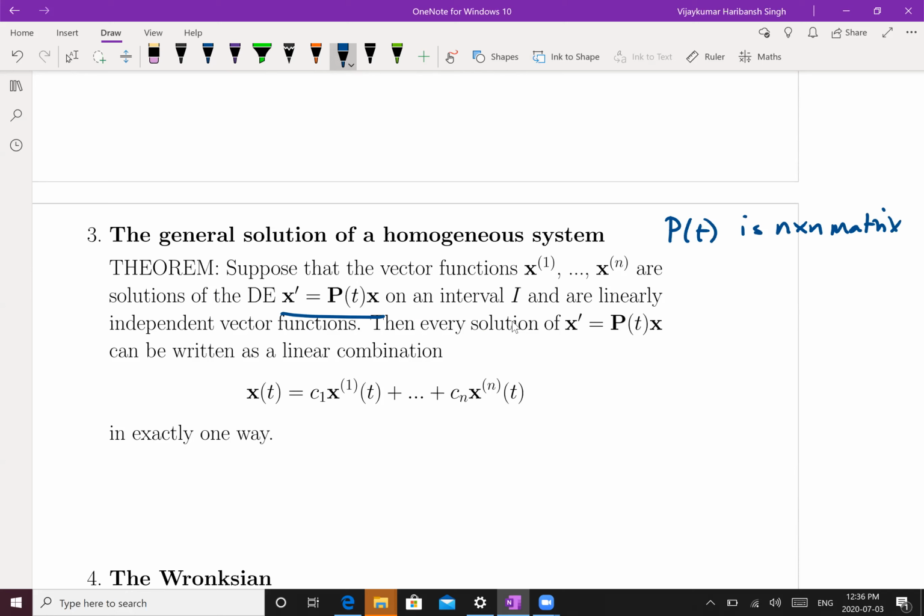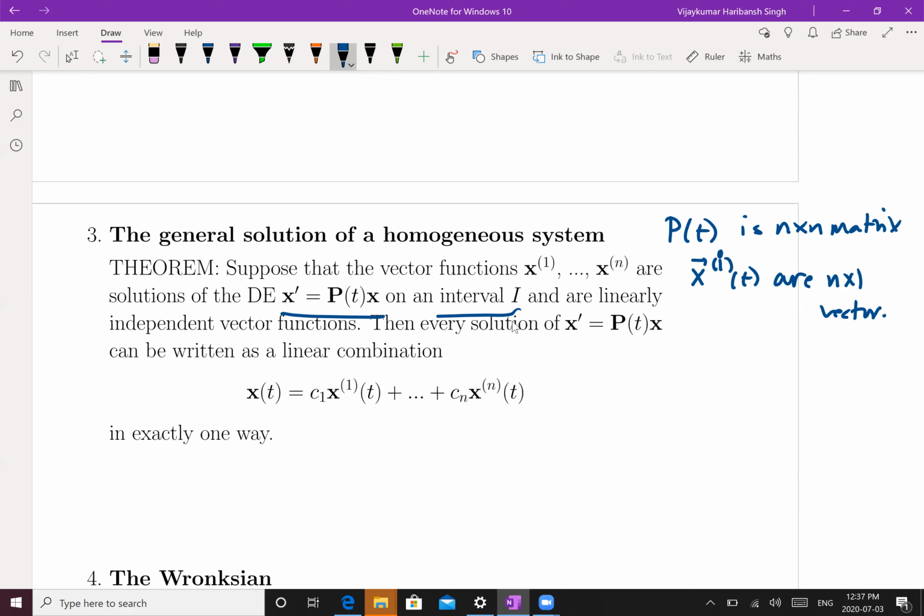So P(t) is an n cross n, and these are n cross 1 vectors. Then it says that if you take these solutions and they are linearly independent on interval I, then any solution can be written as a linear combination of these in exactly one way.